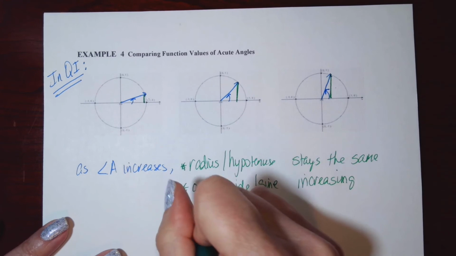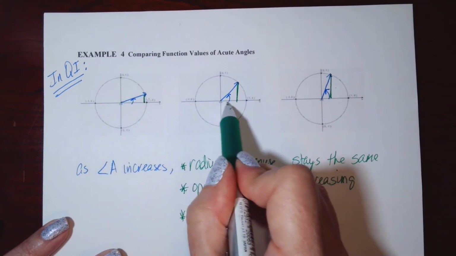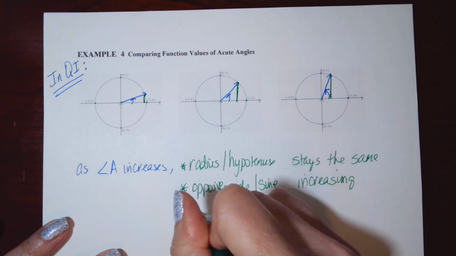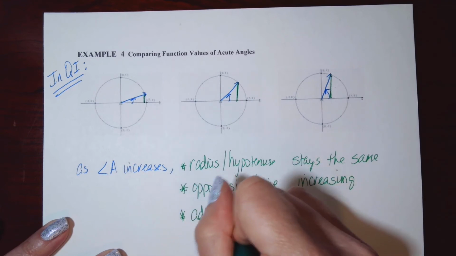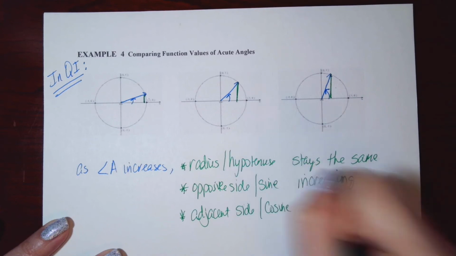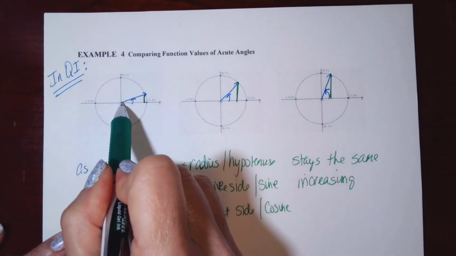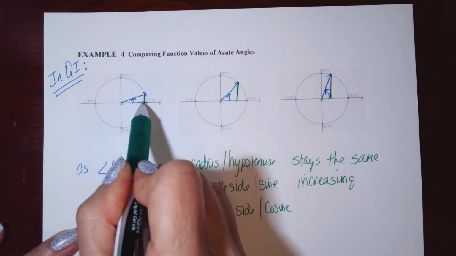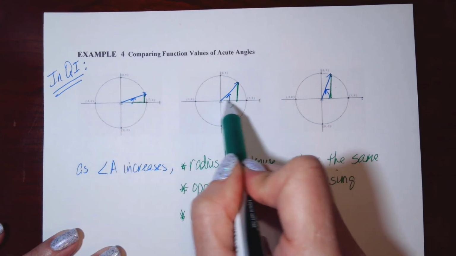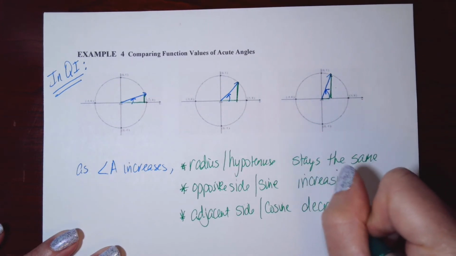And then finally, if this is my angle A, my adjacent side is that x coordinate. So that adjacent side, which is my cosine function value, the x coordinate, what is it doing? Well, when I look at it, my x coordinate to the perpendicular is long, and it gets shorter, and it gets shorter. So it is decreasing.